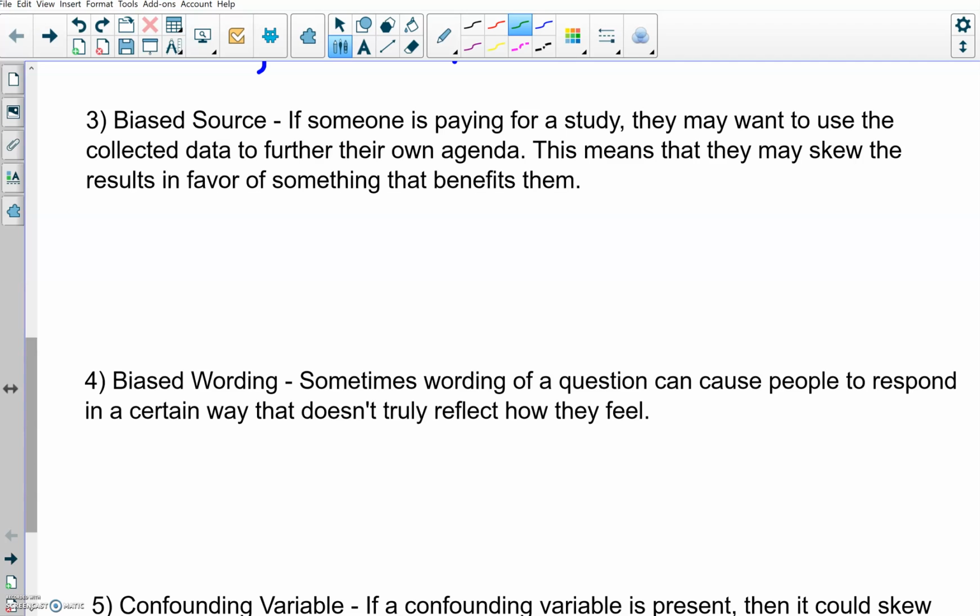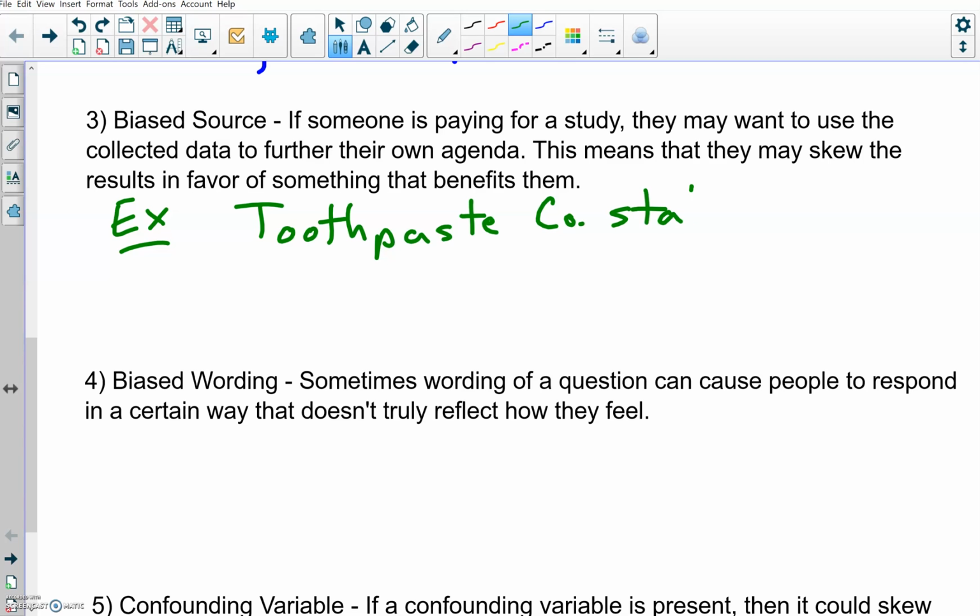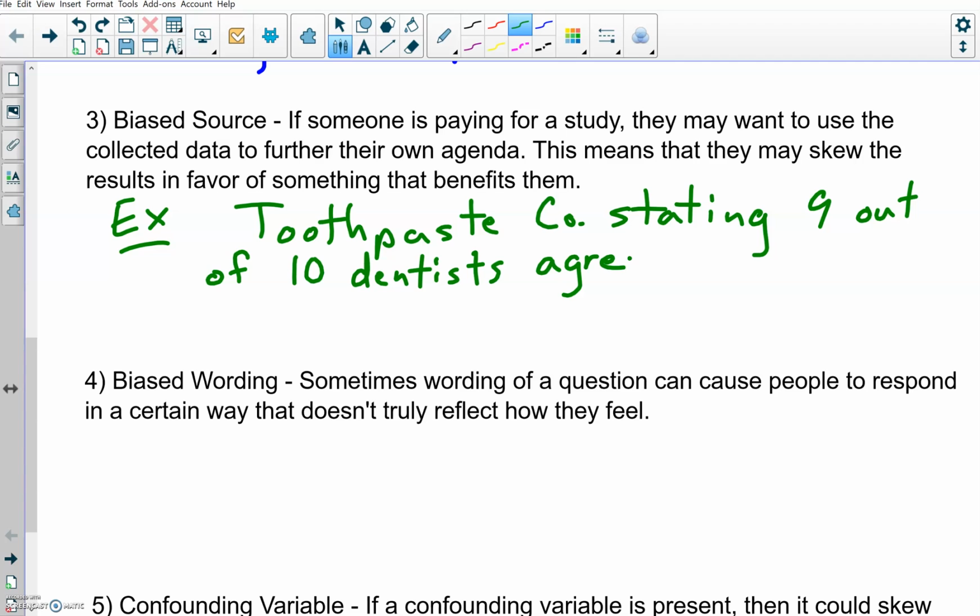Biased source. If someone is paying for a study, they may want to use the collected data to further their own agenda. This means they may skew the results in favor of something that benefits them. A good example is a toothpaste company stating 9 out of 10 dentists agree. It's like, oh yeah, this must be great toothpaste, all kinds of dentists.